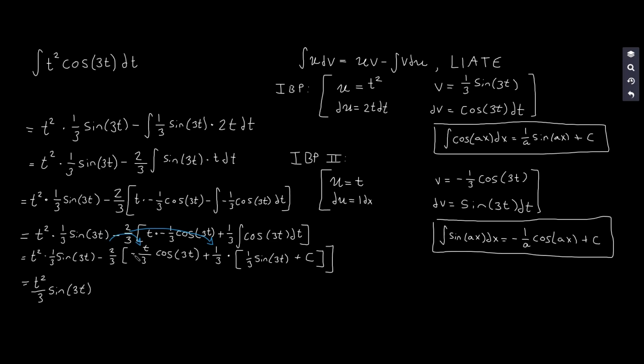What is this going to turn into? Plus 2 times t over 9 times cosine of 3t.